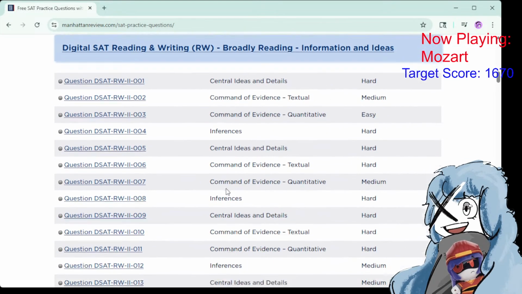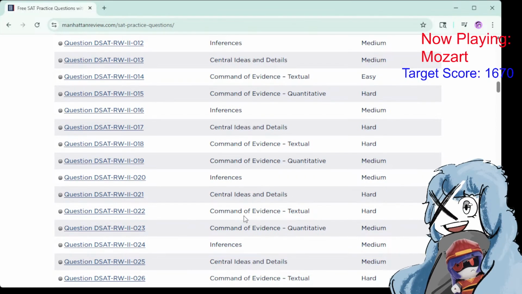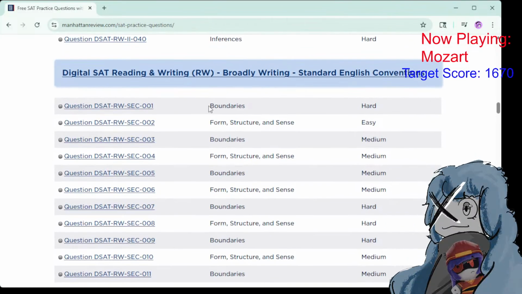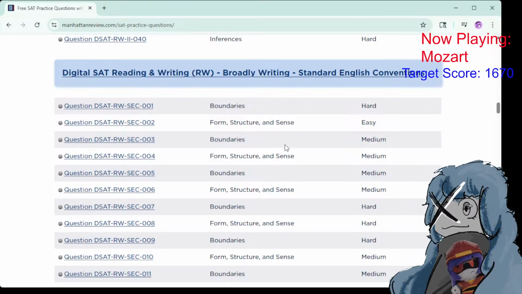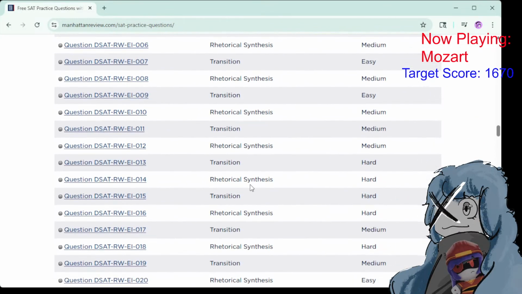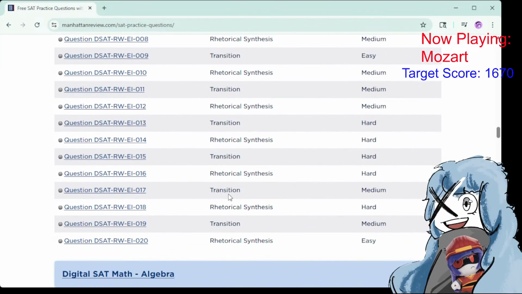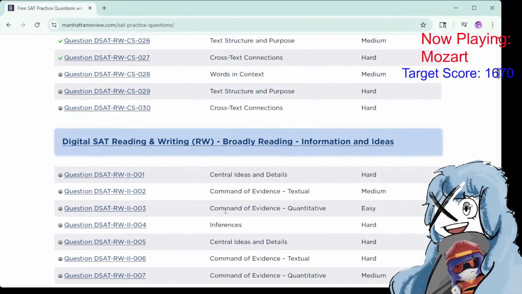There are different ones. You have inference, central ideas and details, command of evidence, textual. Ooh, and then the third one has boundaries, form, structure, and sense. Boundaries. Ooh. And then there's rhetorical synthesis, transitions. Ooh. Ooh.